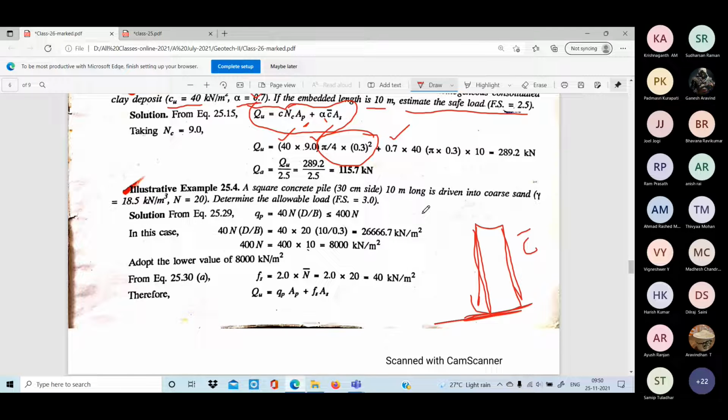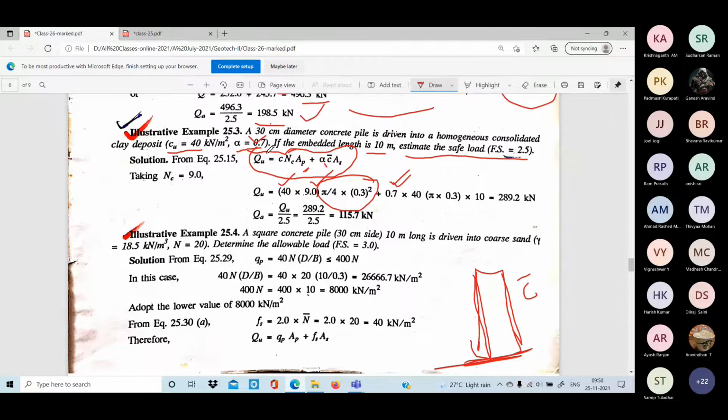Average in the sense, what you have to do is, up to here it is okay, right? 0.7 alpha. The C bar, how do you take it? 40, we know it is the cohesion. But where do we have to take it?